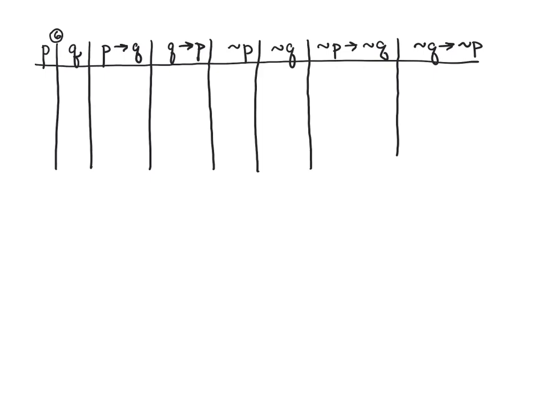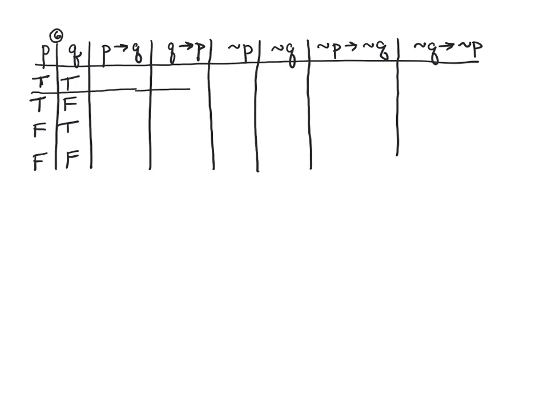So we all begin, and as I said, I emphasize this, true, true, false, false, and true, false, true, false. And let's just recall when a conditional is false. A conditional is false when its antecedent is true and its consequent is false. So that's what we're going to look for.